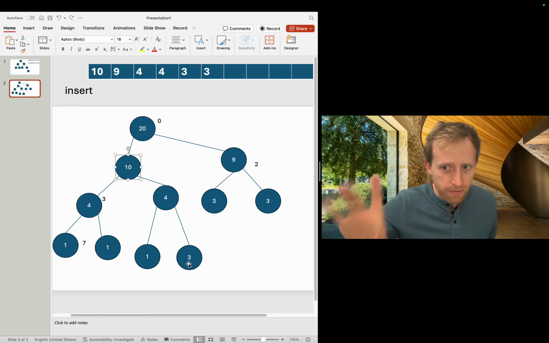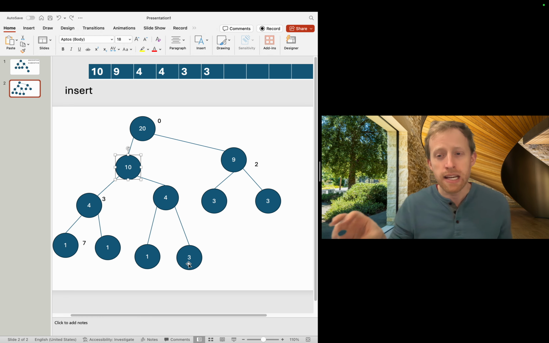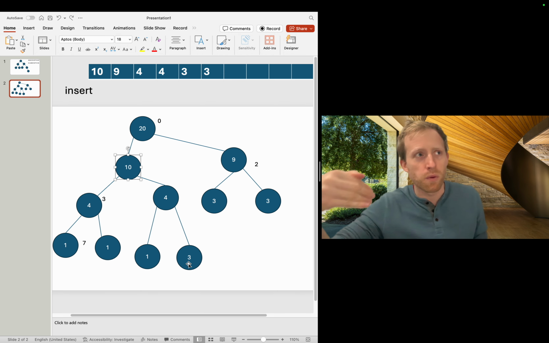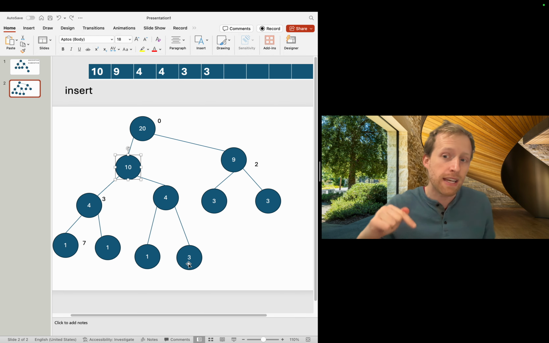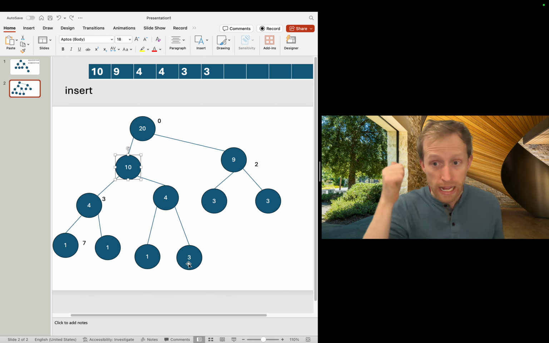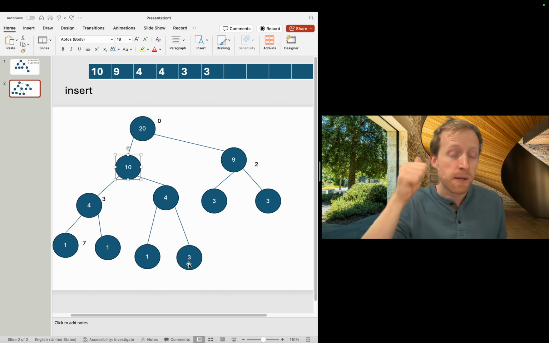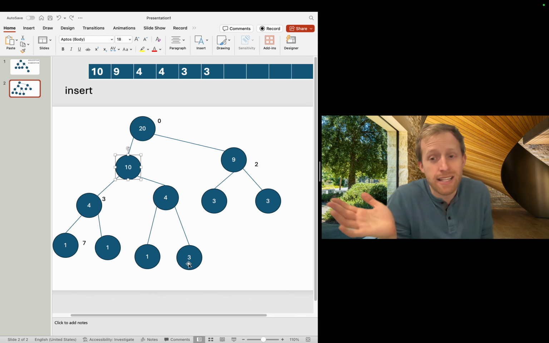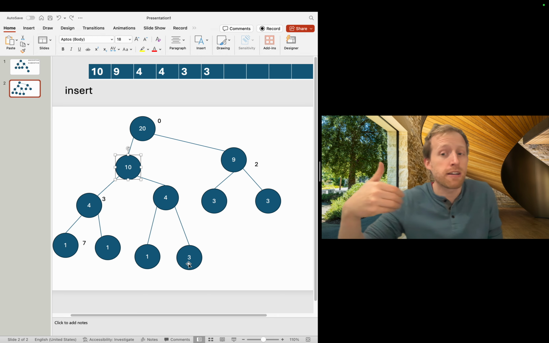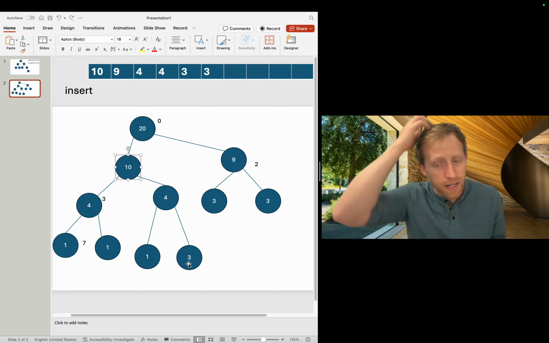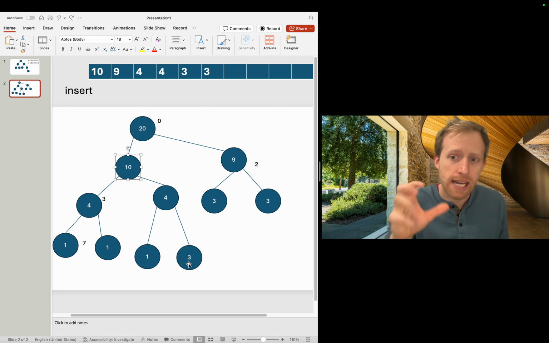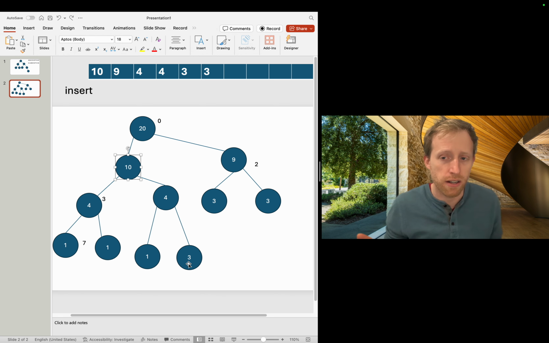But the point of this delete exercise is not to worry about the rules getting broken along the way as much as to make sure that when we finish and the 10's gone, our tree is completely valid, because the 10's gone anyways. So this is just a temporary step. We're restructuring our heap such that it's valid as soon as the 10 is gone. That's the idea exactly.